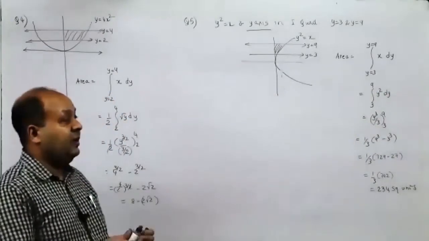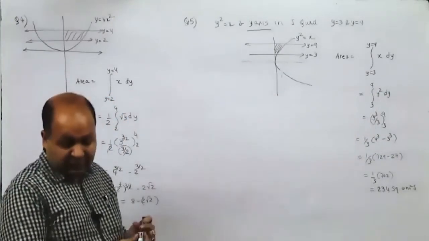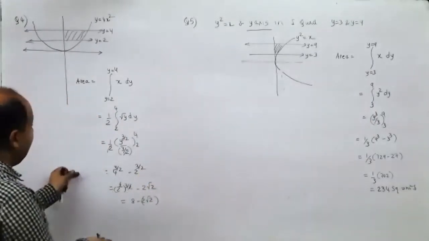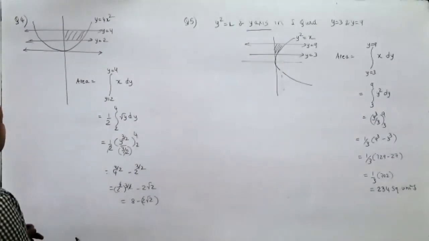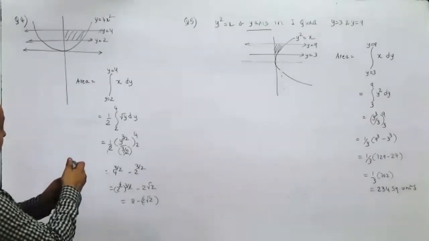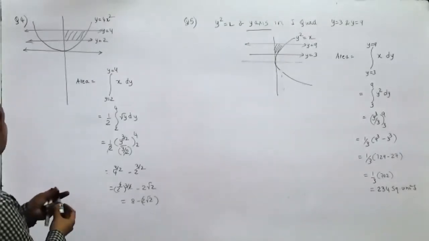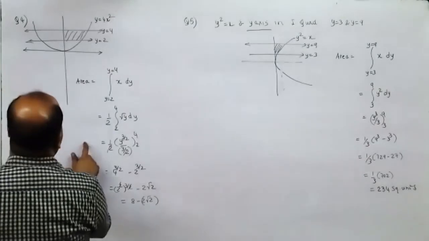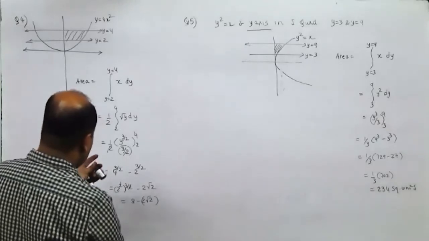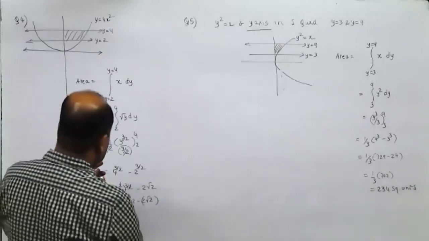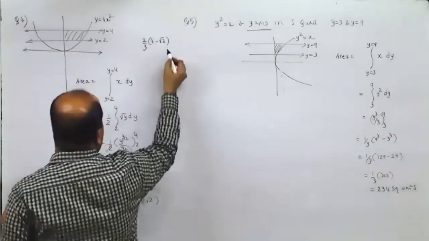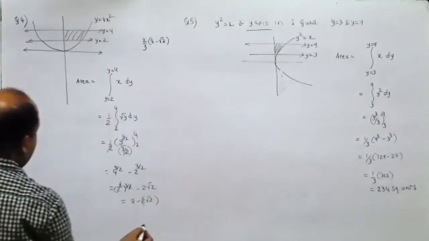In the fourth question, the answer is given as 2 upon 3 into 4 minus 2 root 2. So this would be 8 by 3.